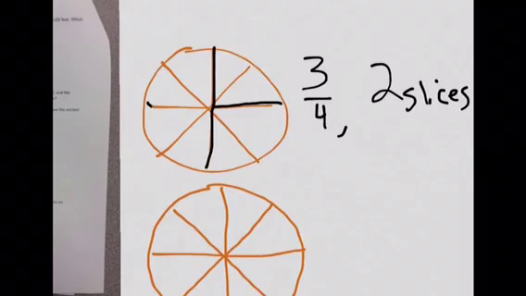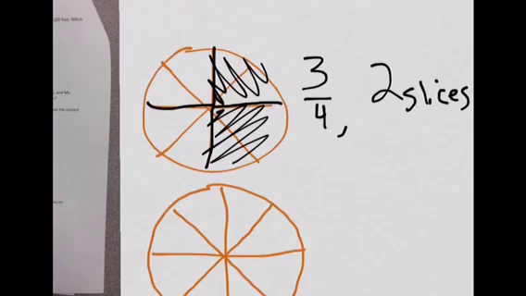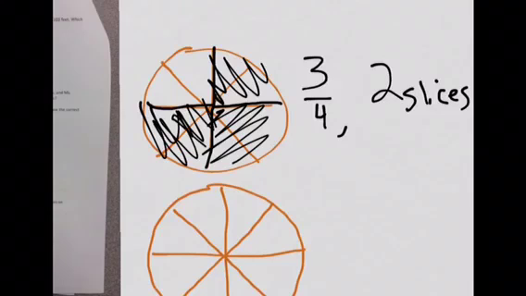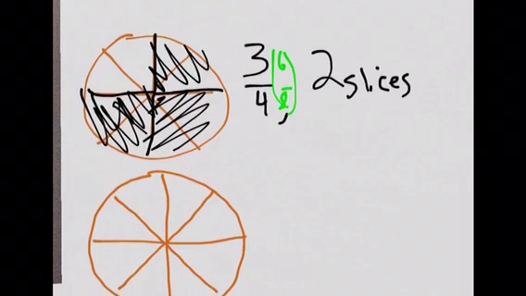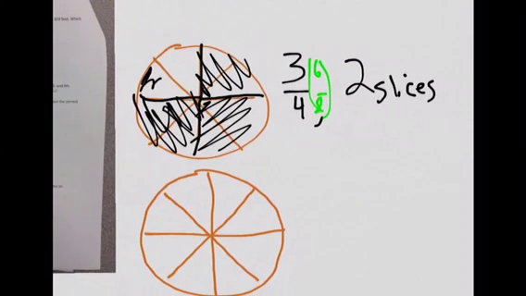Notice how I divide it into quarters, but it also can be divided into eighths. Here's 1/4, here's 2/4, and here's 3/4. And how many eighths did I eat? I ate 1, 2, 3, 4, 5, 6. So this right here is the same thing as 6/8. So I ate 6/8, and then I ate another 2 slices.